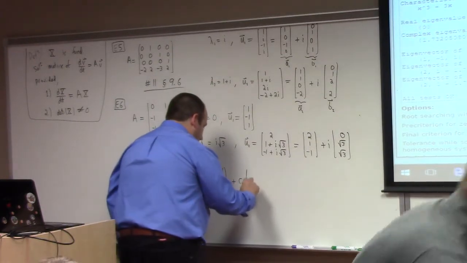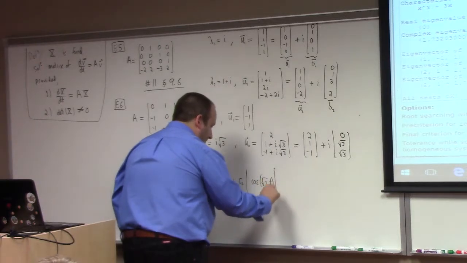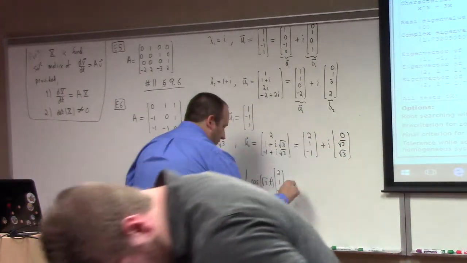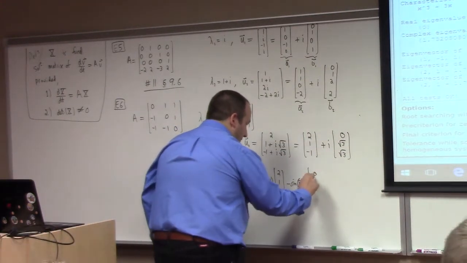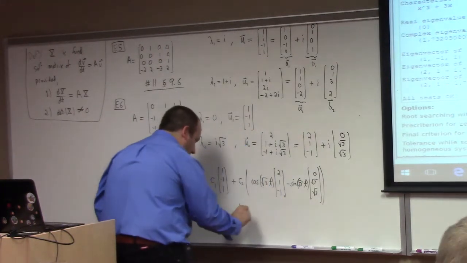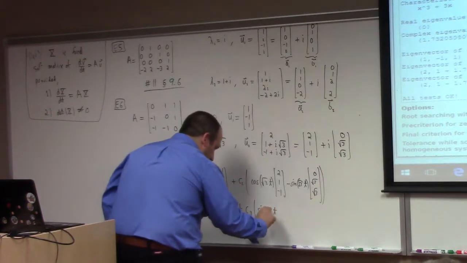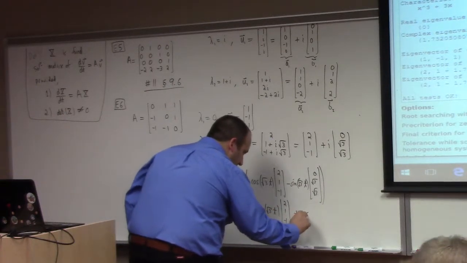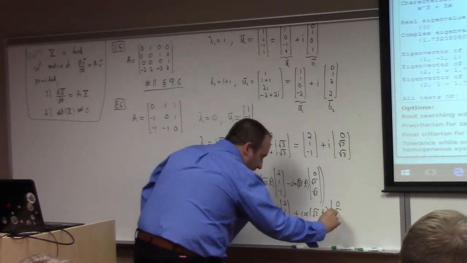So C2 cosine square root of 3 t times 2, 1, minus 1, minus the sine of the square root of 3 times t times 0, root 3, plus C3 sine root 3 t times 2, 1, minus 1, plus the cosine of the square root of 3 times t times 0, root 3.